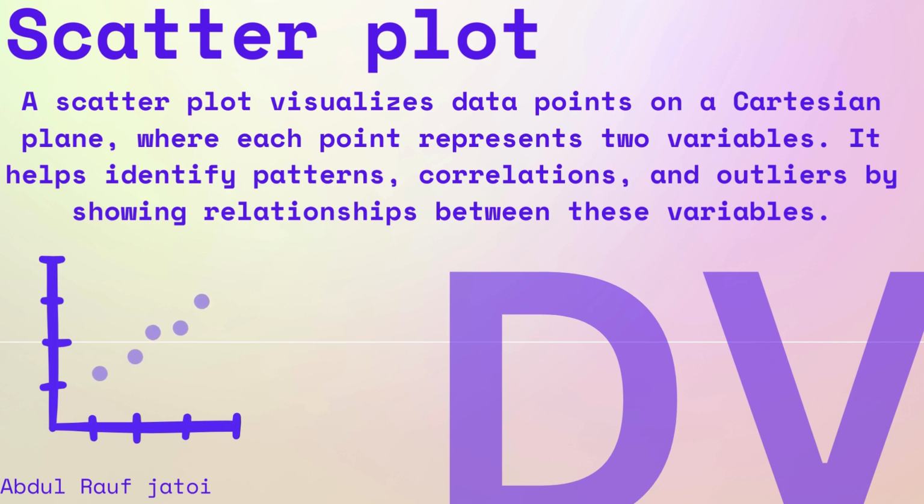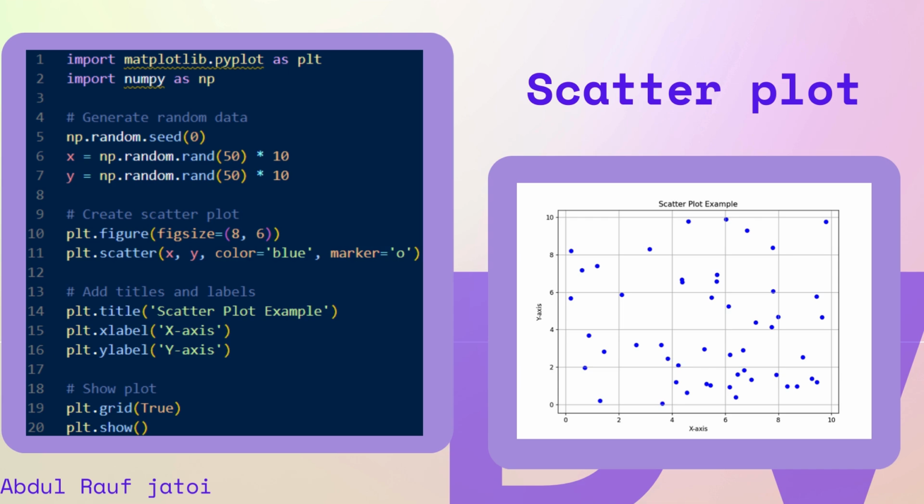Okay, so now let's see how we can implement scatter plots in code. First you have to import matplotlib pyplot as plt, and then import numpy as np to use for data generation.